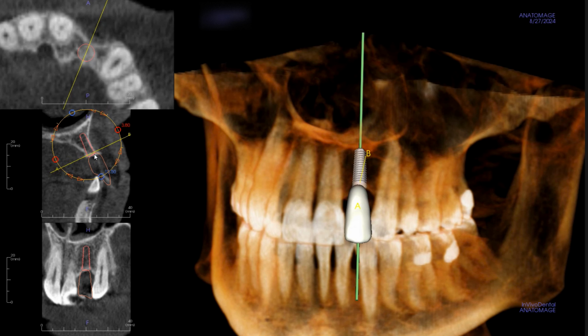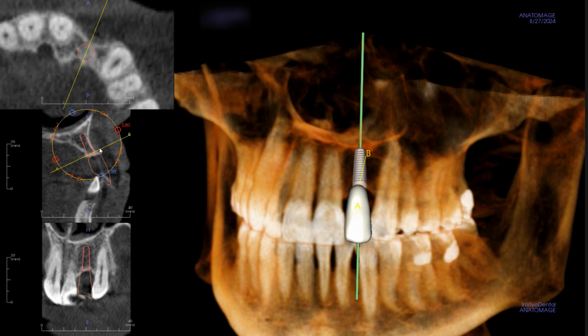We ideally want to have some sort of convexity from the head of the implant platform to where the tissue emerges, or where the implant emerges from the tissue. We definitely don't want it kind of negatively placed.